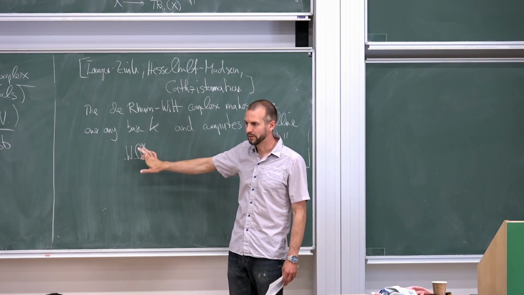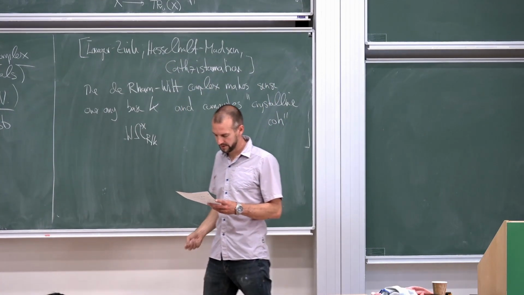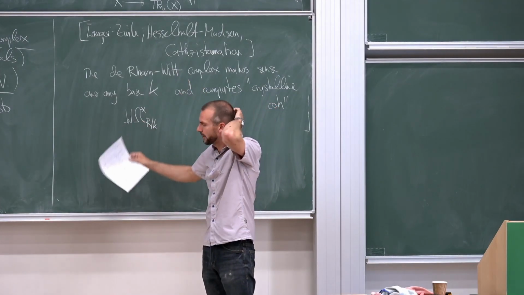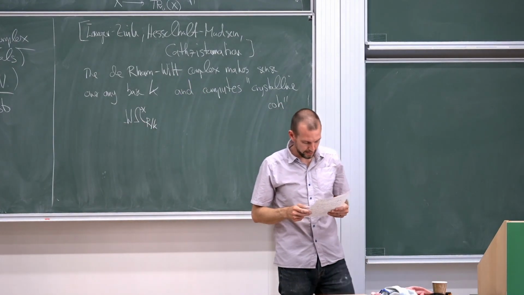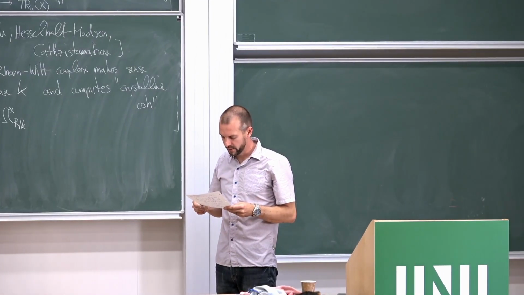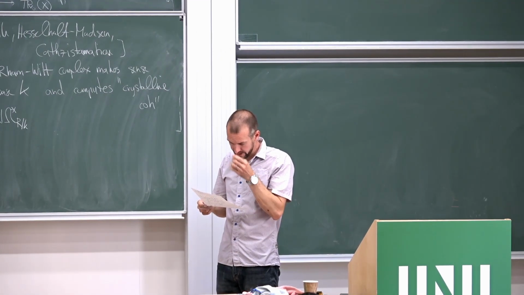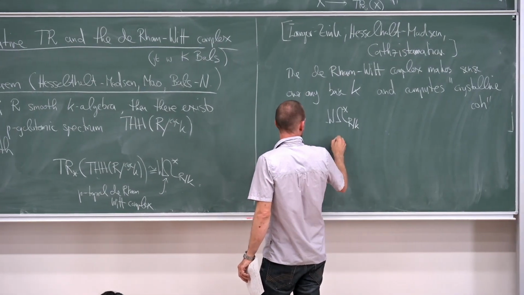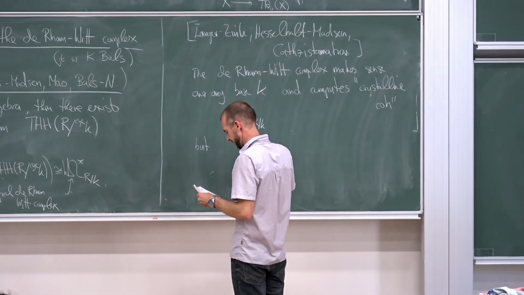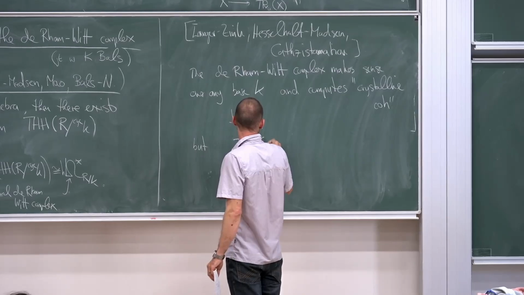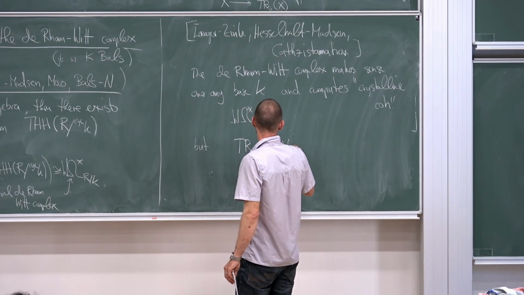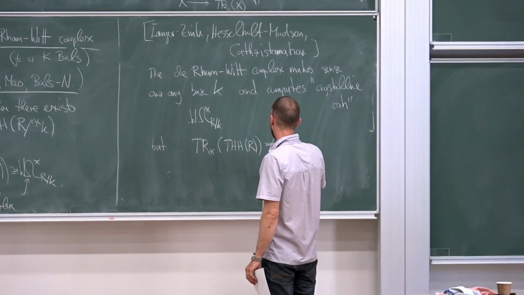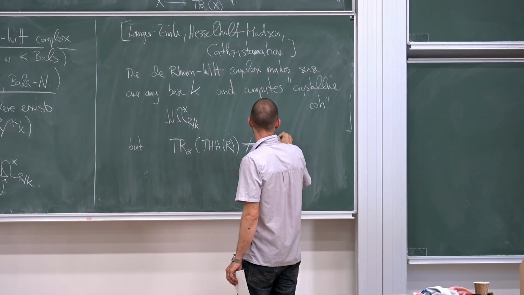But okay, that you can do. Okay, that is the format. The real theorem is by Langer–Zink that it computes crystalline cohomology whenever that makes sense. But the problem is that TR star of THH of R is generally not isomorphic to this de Rham–Witt complex.